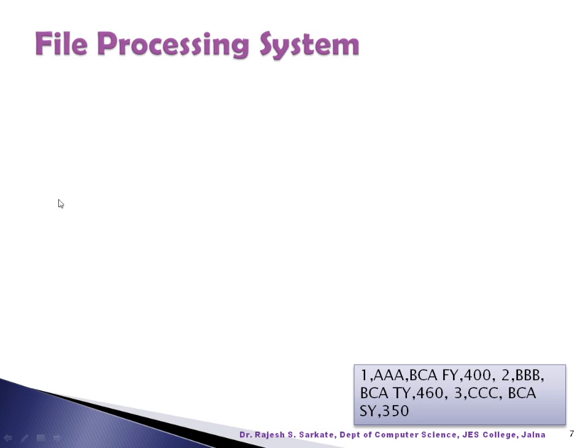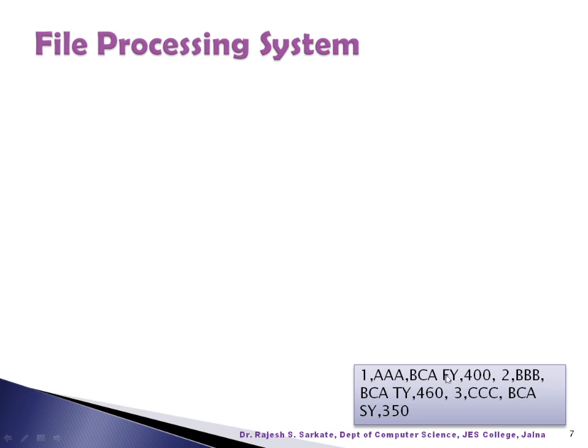So what are the issues regarding file processing? For example, the data stored in the file is generally stored in this format. If you look at this bottom rectangle and consider the record of a student: roll number 1, name of the student AAA, class BCA first year, then the marks 400.